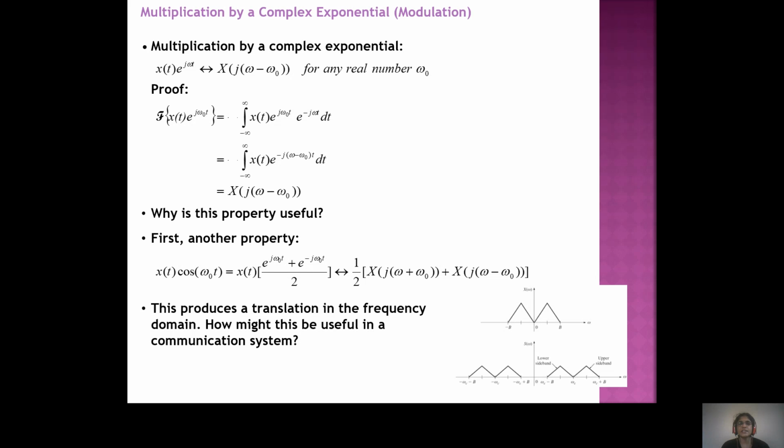Another property: x of t cos omega naught t is equal to x of t into e power j omega naught t plus e power minus j omega naught t by 2, that is equal to half into X of j omega plus omega naught plus X of j omega minus omega naught.